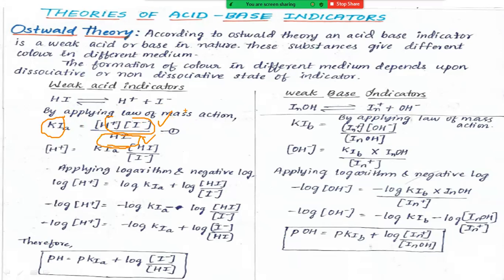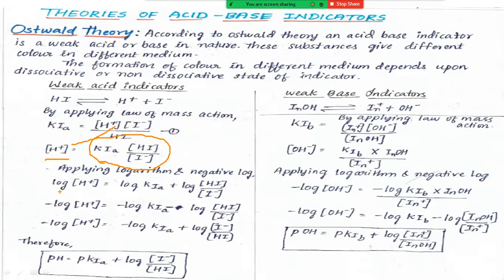But here we need to calculate the pH value. So we have to extract this H plus value. That means we need to separate the H plus value and rewrite the formula like this. H plus equals the dissociation constant of the acid indicator into HI by I minus.